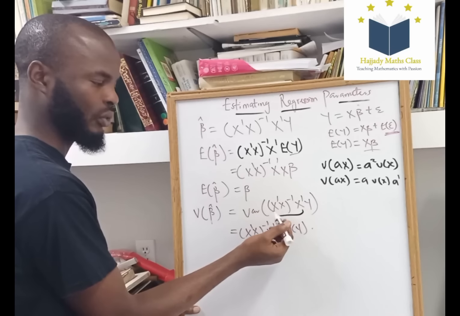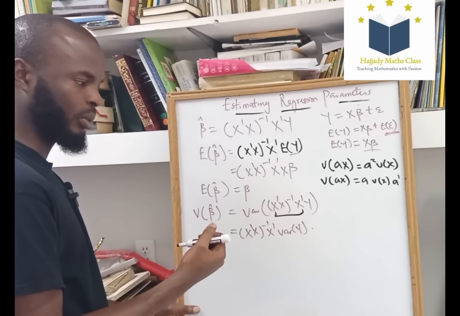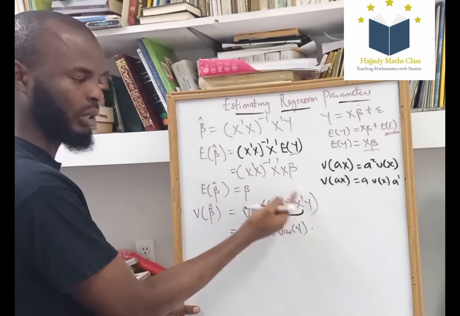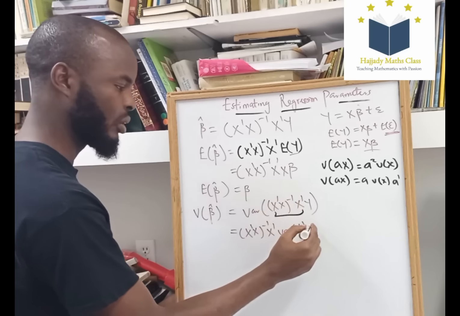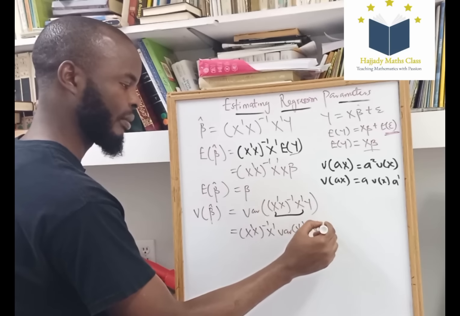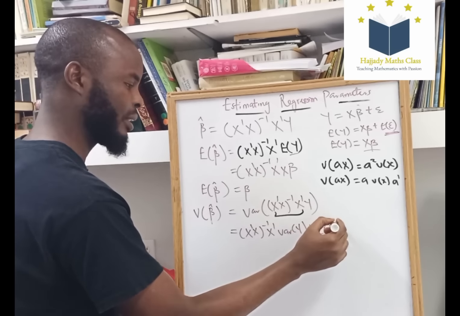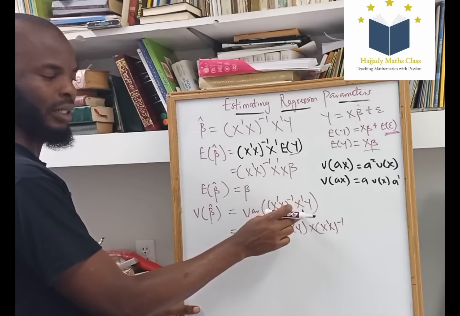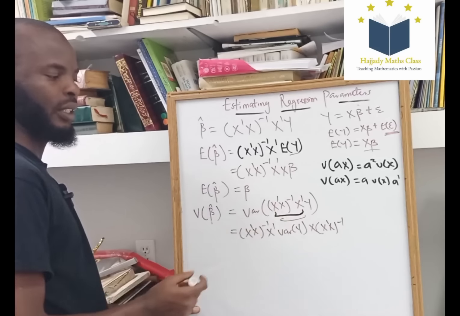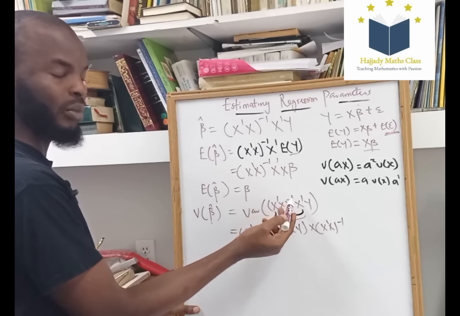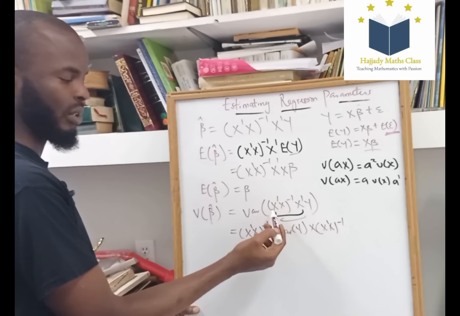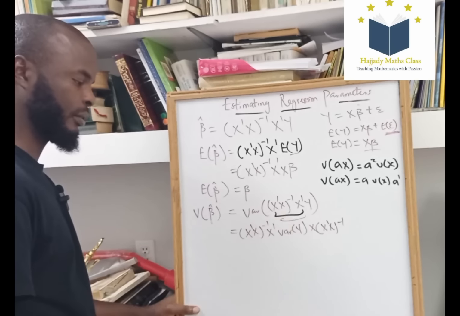Taking the transpose, from the previous explanation I did, is going to be in reverse order. So this is going to be X prime X inverse in reverse order. So it's going to come like this. And the transpose of X prime is going to be X. So we have X prime X inverse.